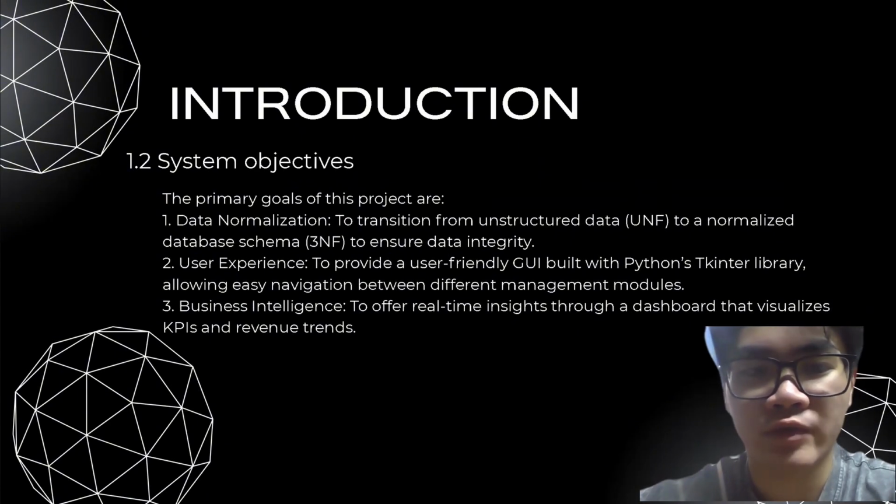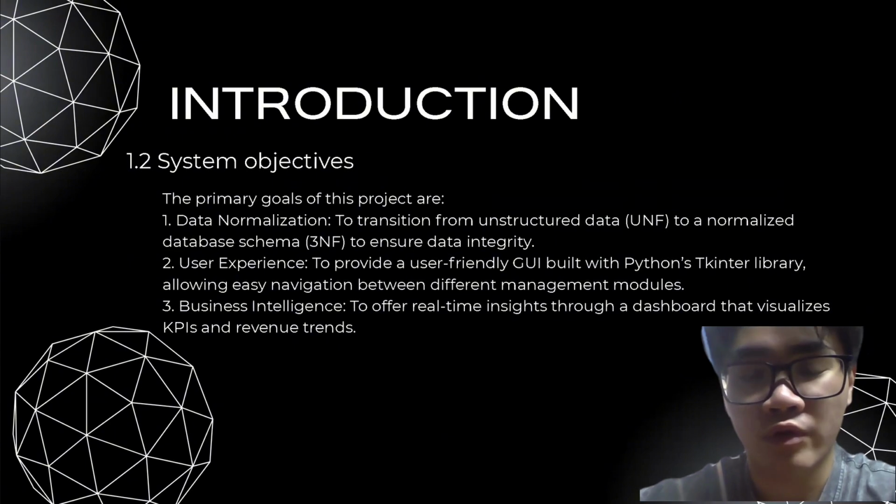About the system objectives, we have three objectives here, which are the primary goals. The first one is data normalization, to transition from unstructured data, which is UNF, to a normalized database schema, 3NF, to ensure data integrity.